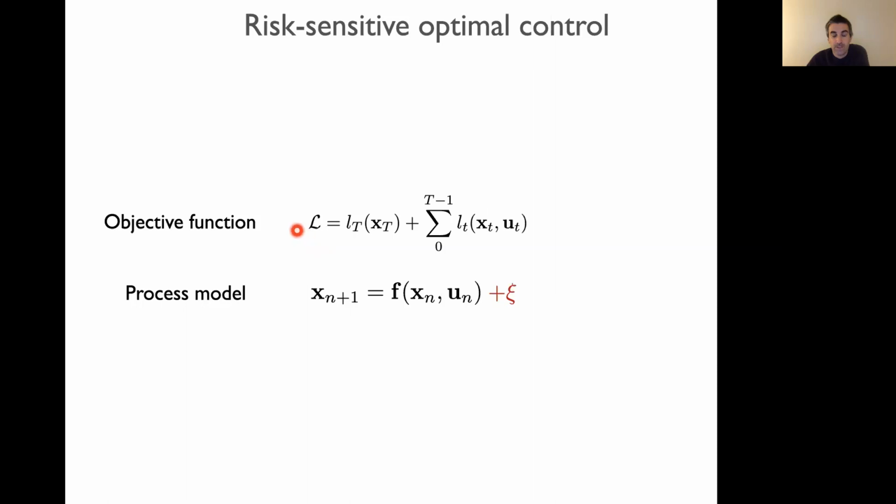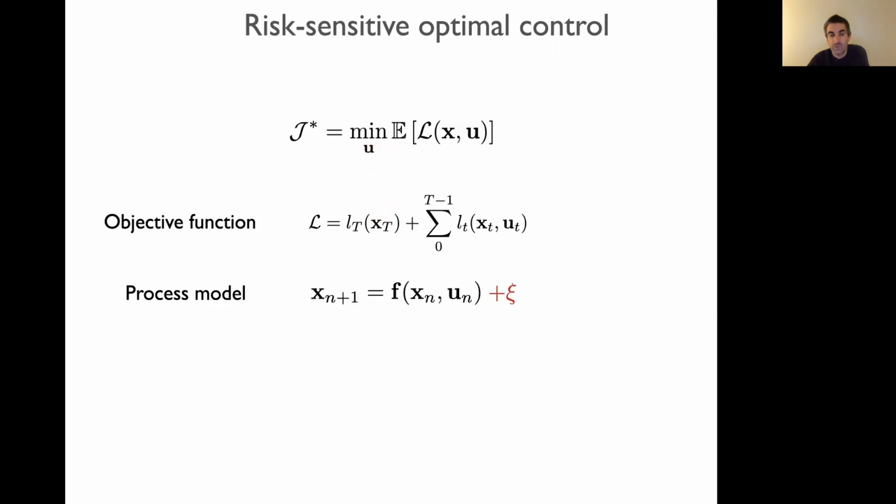The typical thing when you do optimal control is that you define an objective function, which is basically a terminal cost and a sum of running costs over a certain horizon that you want to optimize for. You have a certain dynamic model that tells you what happens. And since here we have a stochastic model, usually what we will do is minimize the expectation of the cost, right? So we want to find a control law u that may be a function of x, if you have feedback, that will minimize the expectation of the cost that I chose, right?